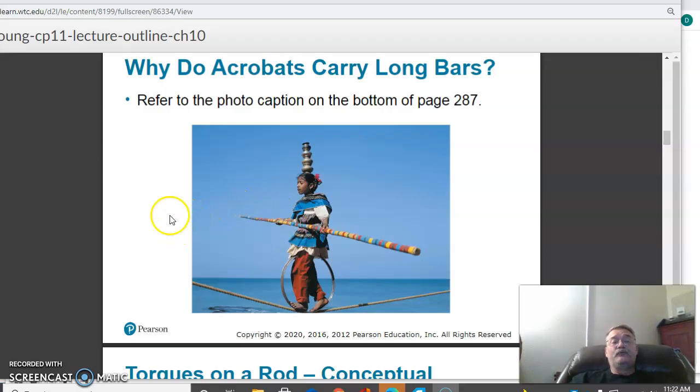When he was about halfway through, a wind gust came up, and he was walking that tightrope with the long bar, and he'd been doing it for 60 years. But because of the gust of wind, he was unable to maintain his balance and fell to his death.